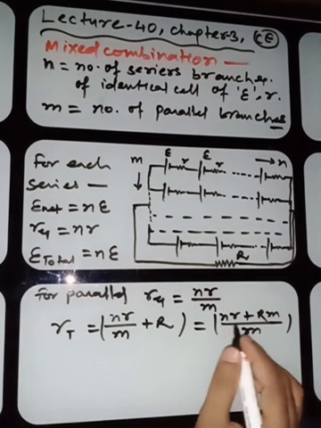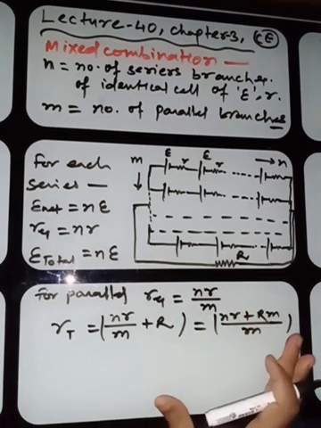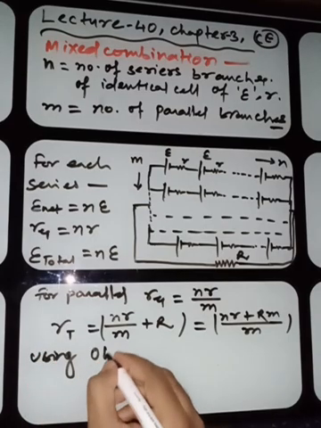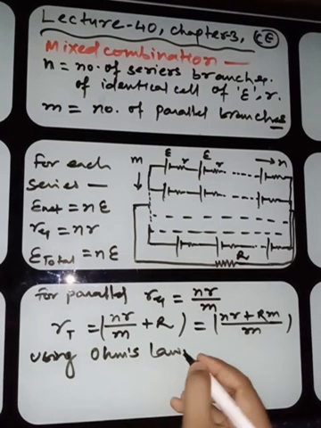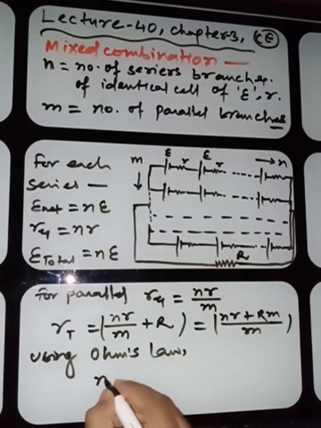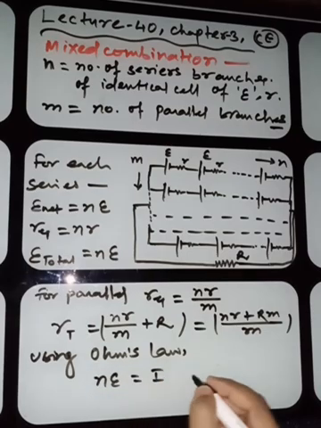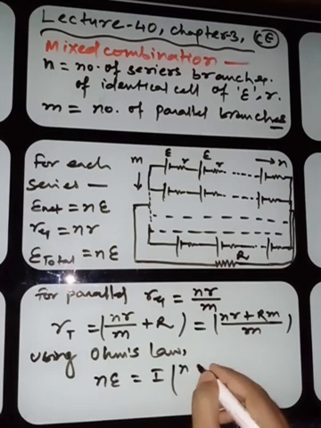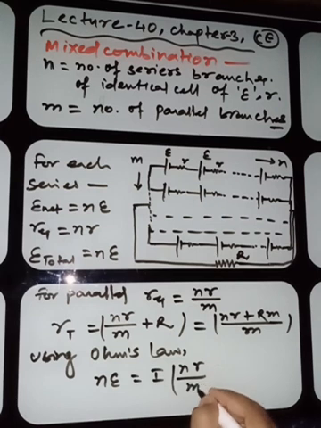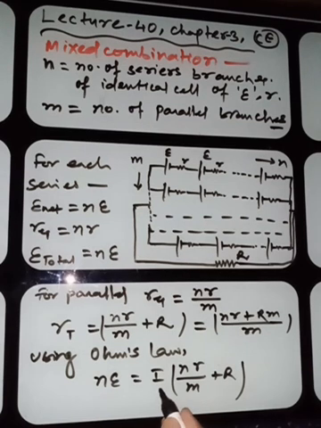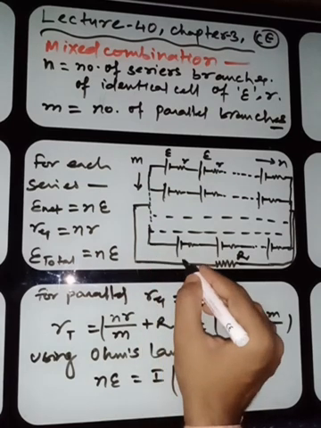I don't think any students have any doubt. Now we'll use Ohm's law. Using Ohm's law, we can write the total voltage, which is nE, is equal to the current flowing through the circuit times the total resistance. And what is the total resistance? Here it is nr divided by m plus R. So could you find the total current through this load resistance?